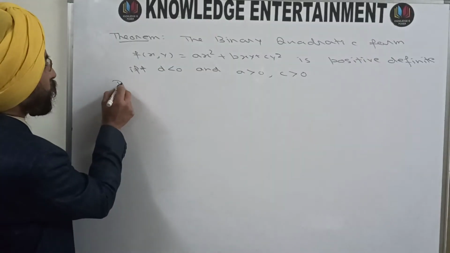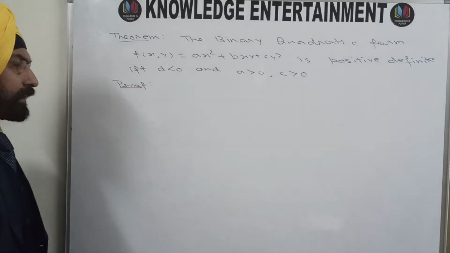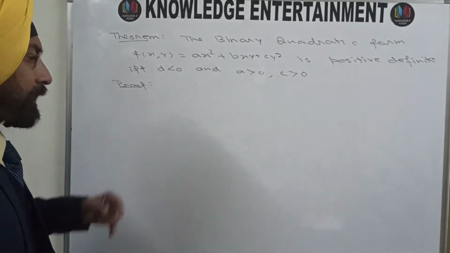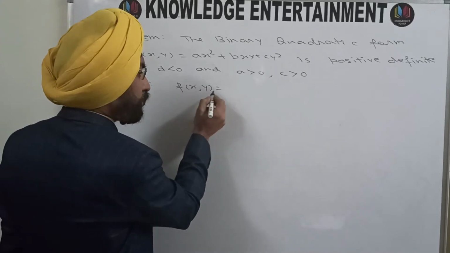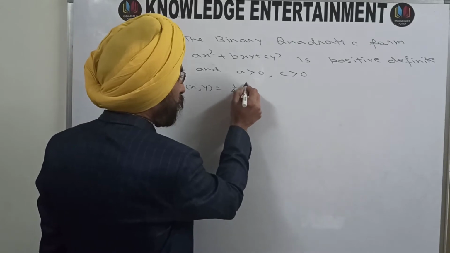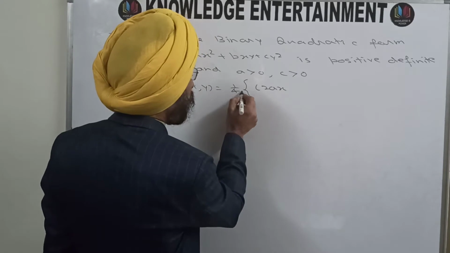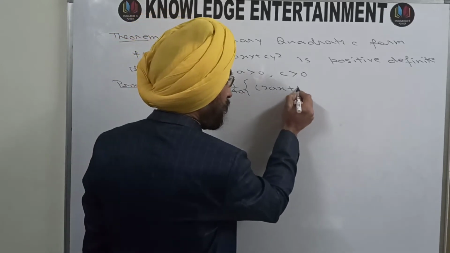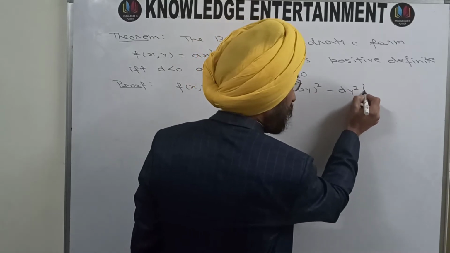So let us move on to the proof, how to prove this theorem. Here, what is your f(x,y)? We have seen in the previous theorem that f(x,y) can also be written as 1 by 4a times ((2ax plus by) whole square minus d y square).